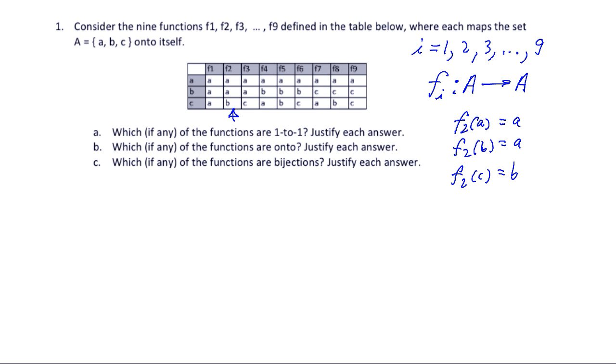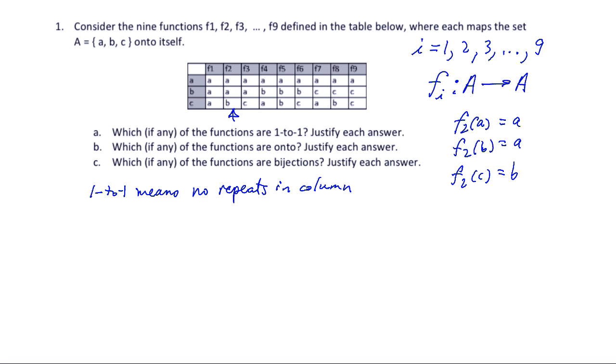And when we look at a table like this and ask whether or not a function is one-to-one, we're looking for the case of no repeats. Okay? And so one-to-one means no repeats in the column that defines it.